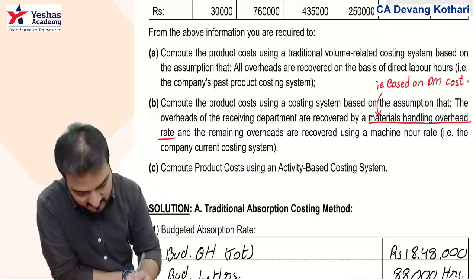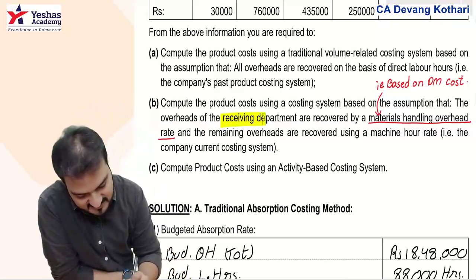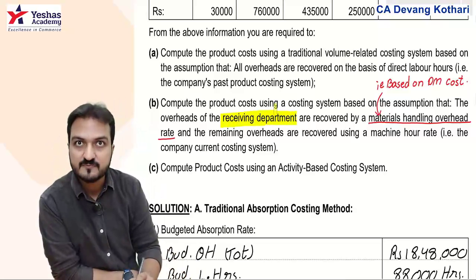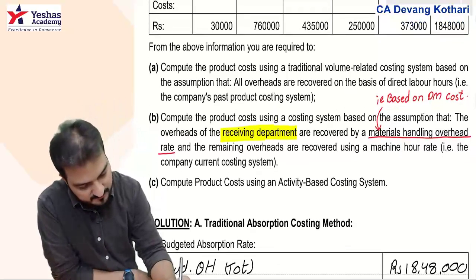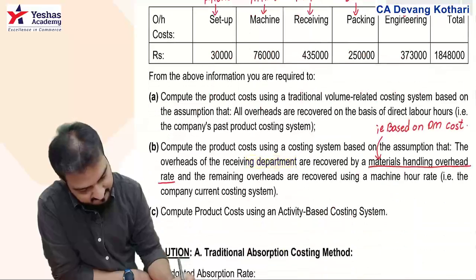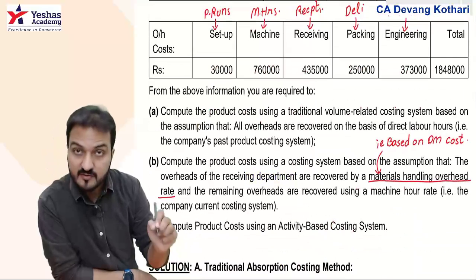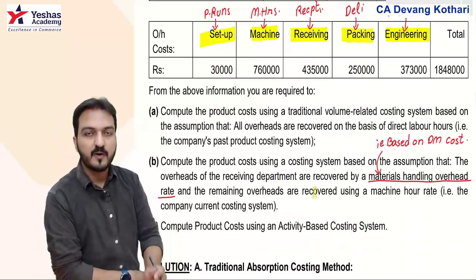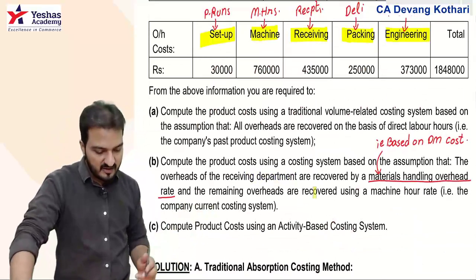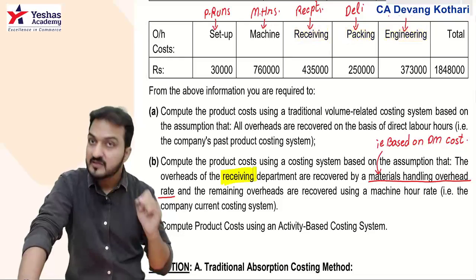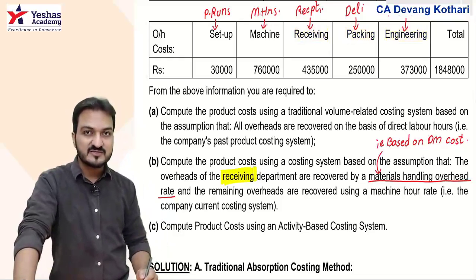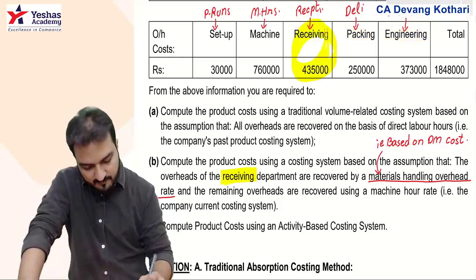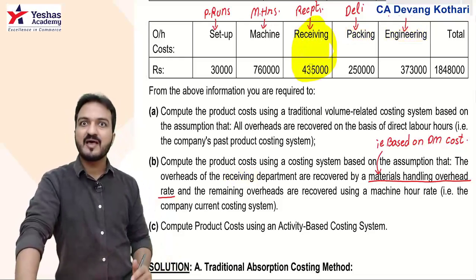Which cost they are telling this for receiving overheads. So look, as per the question, in the question they have 5 different components of cost, but out of 5 components they have told this for only the receiving cost. How much is the receiving department cost? Receiving department cost is only this 4,35,000.